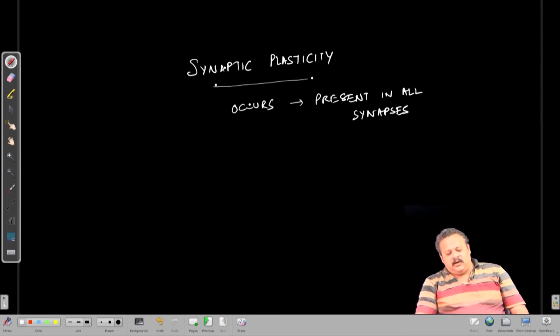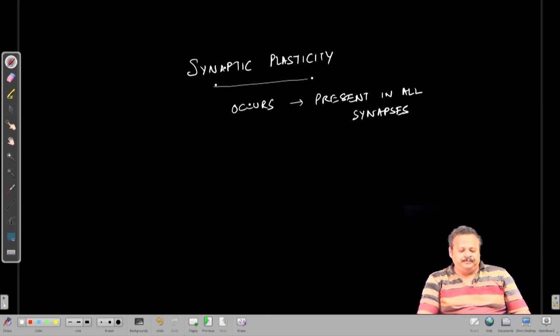Its presence may not be as clear as we will be discussing, but some form exists almost in all of the synapses that we know. And this kind of change in synaptic strength is ongoing and totally input-output activity driven.